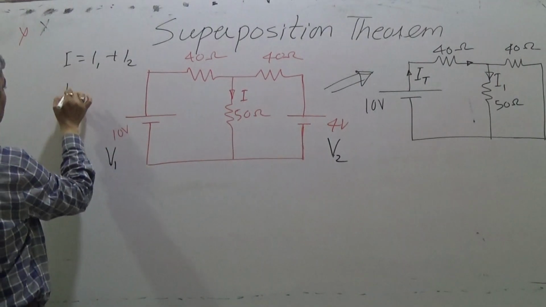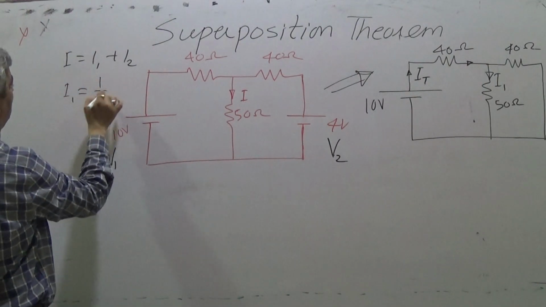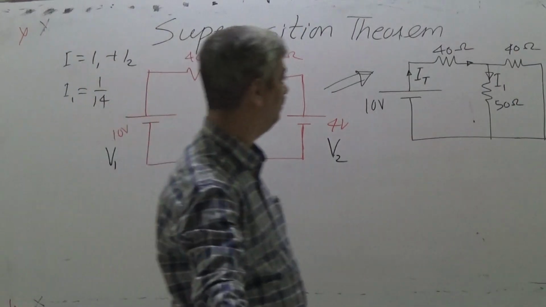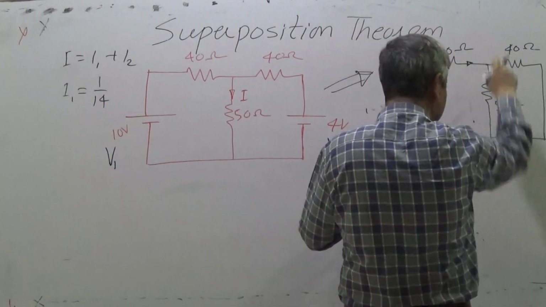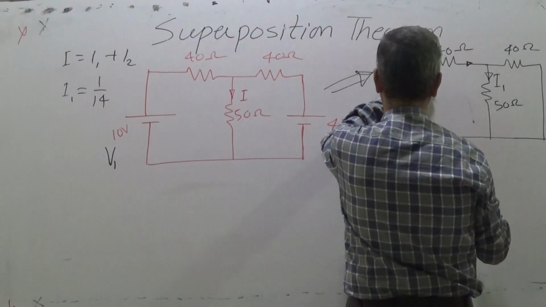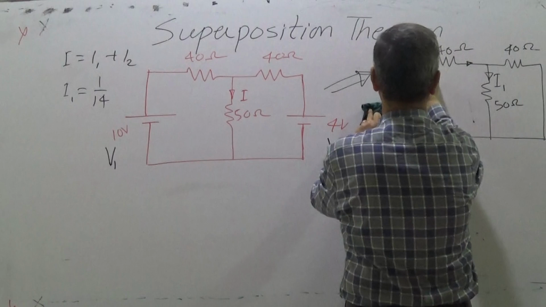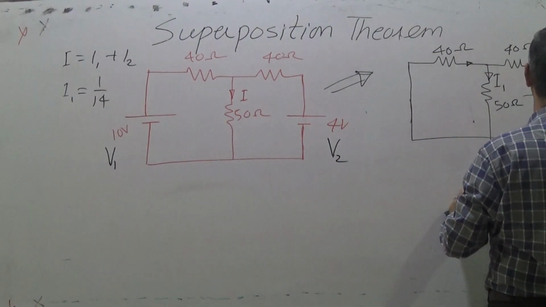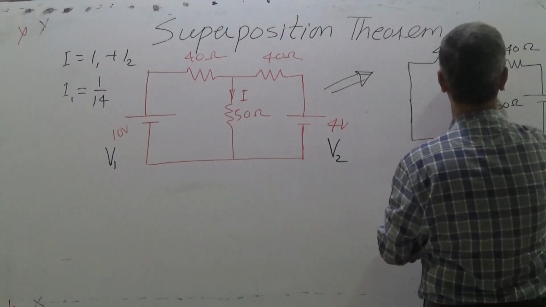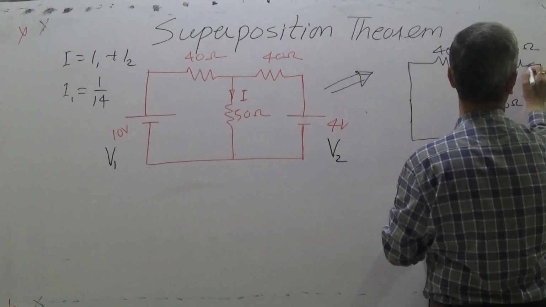So here I1, what I have found out is 1 by 14. Now how to find I2? Remember I1 is in this direction, that is it is positive, so it is in the same direction. So this I will short, this is 4 volts. Now the only thing is that everything will reverse.